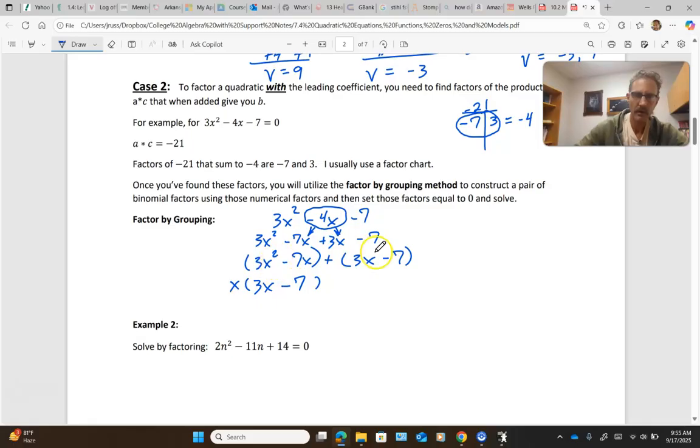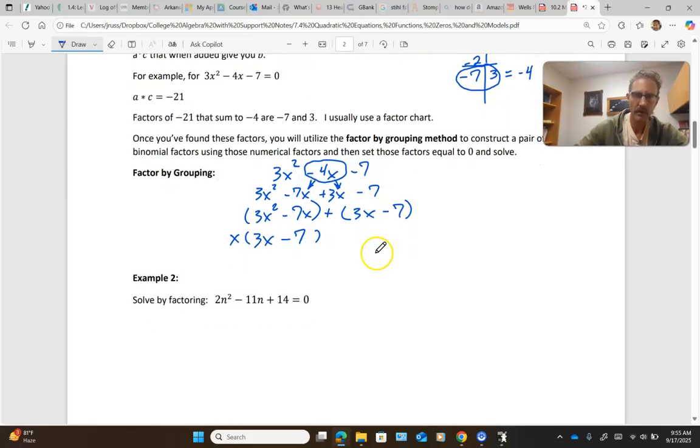Okay. And then you go to your second pair, and you think, okay, what do these two terms have in common? Well, looking at them, you may say nothing. They have nothing in common. But they always have something in common, and that something is either a positive or a negative 1. Okay?